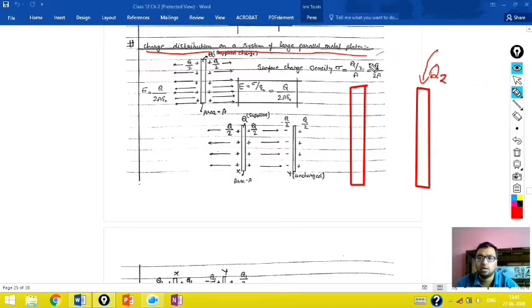Suppose this charge is q2, and to this plate you have provided q1 amount of charge.